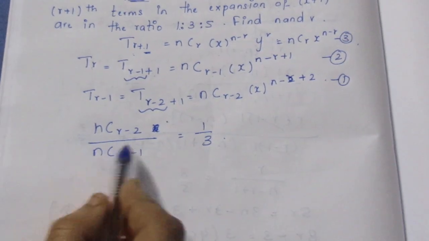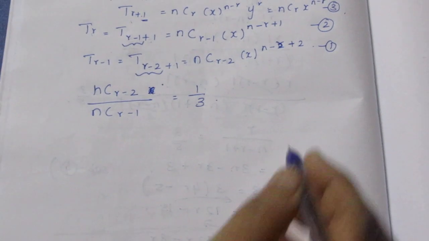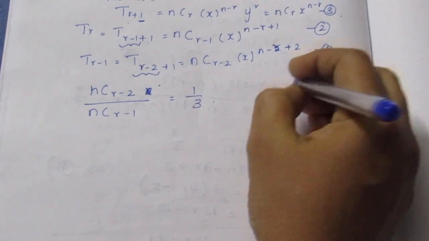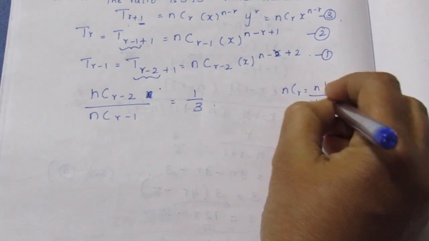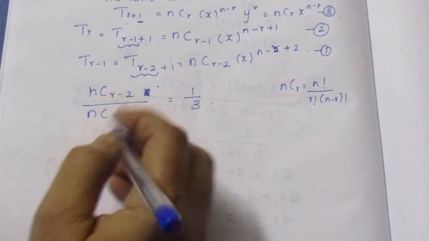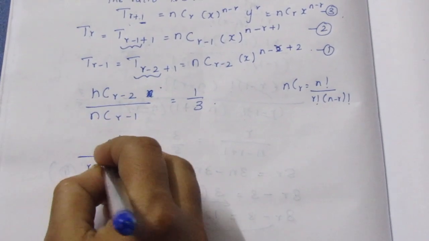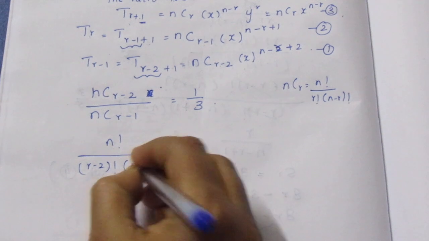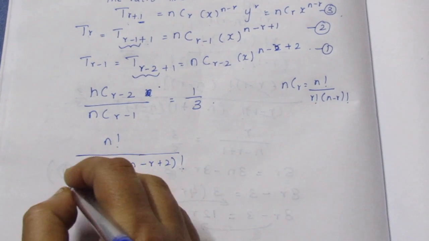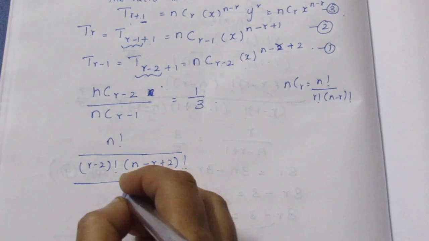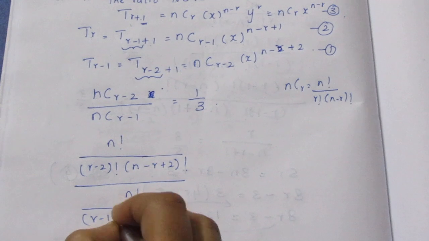So let us solve this by writing the combination formula, which is nCr equal to n factorial by r factorial into (n minus r) factorial. So here we have n factorial by (r minus 2) factorial and (n minus r plus 2) factorial. In the same way here it becomes n factorial by (r minus 1) factorial.